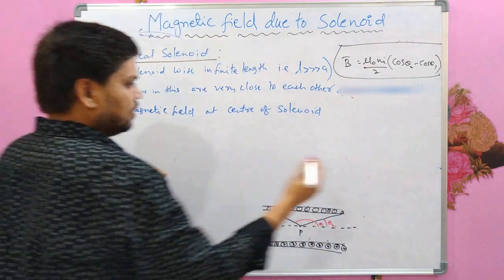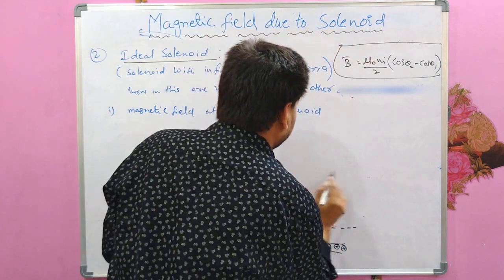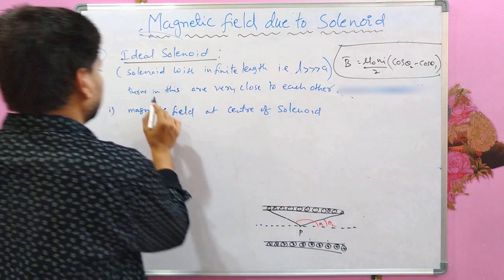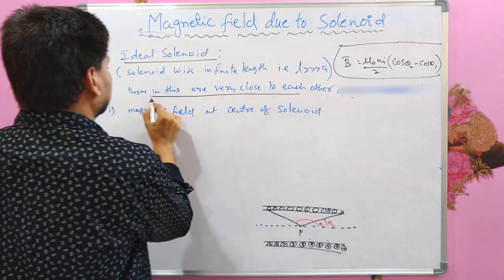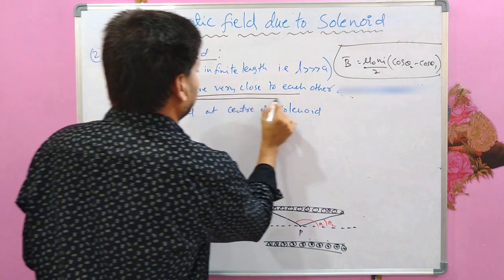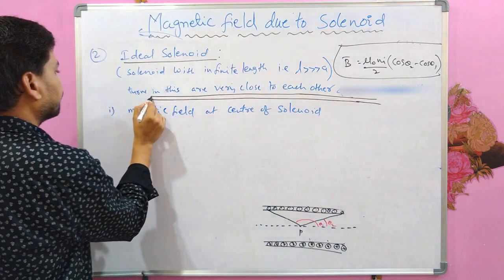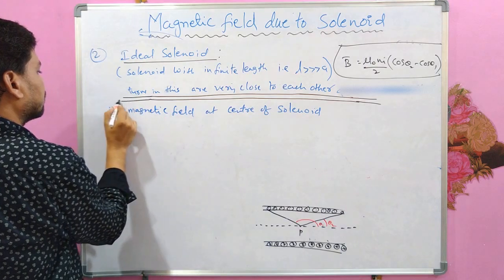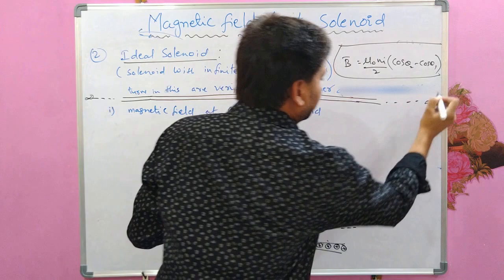This will be like, you can imagine a picture. I will draw it here. The solenoid is infinite in length. This side it is infinity and this side it is infinity.